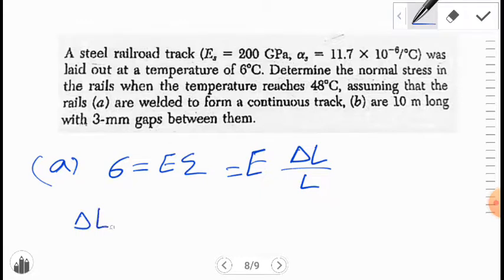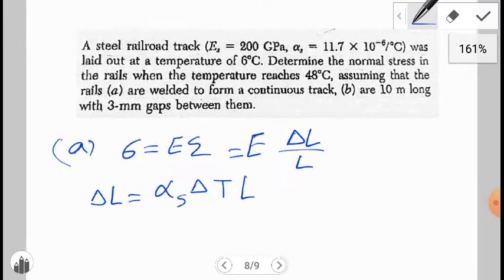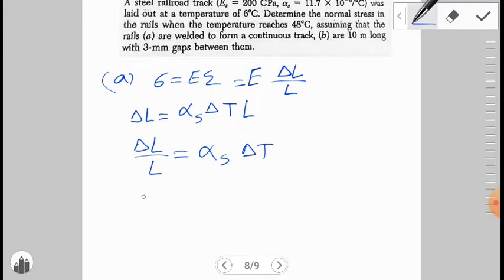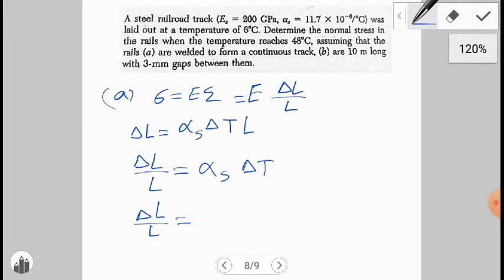We can write delta L due to the temperature as alpha S delta T times L, the original length. That's why delta L divided by L is equal to alpha S delta T.